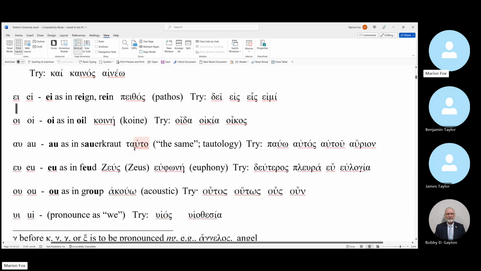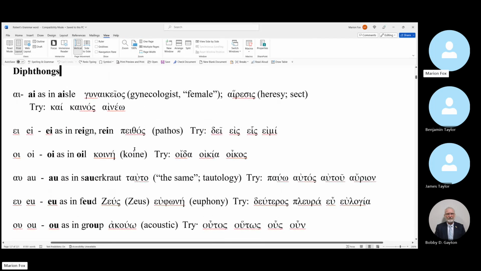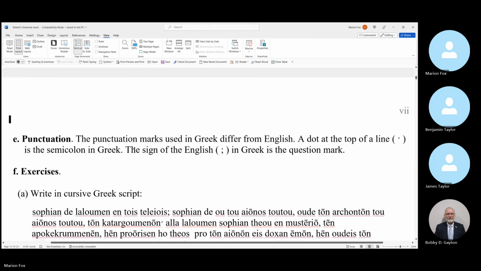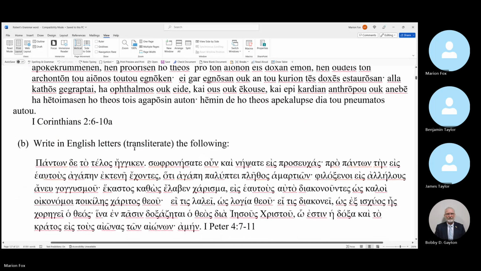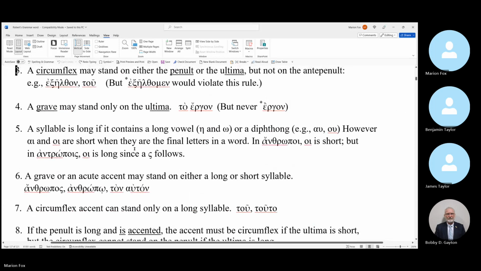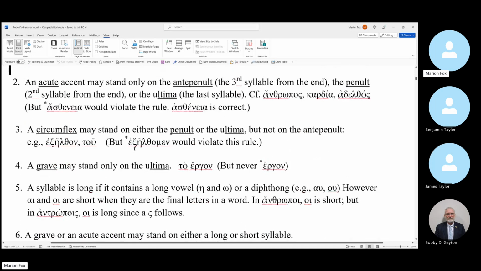Here's some of your rules that they have. I think it's probably going to be somewhere right in here.